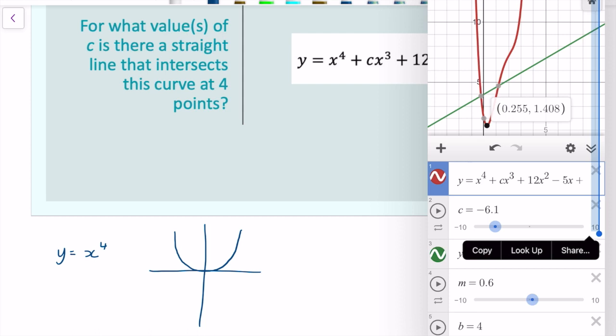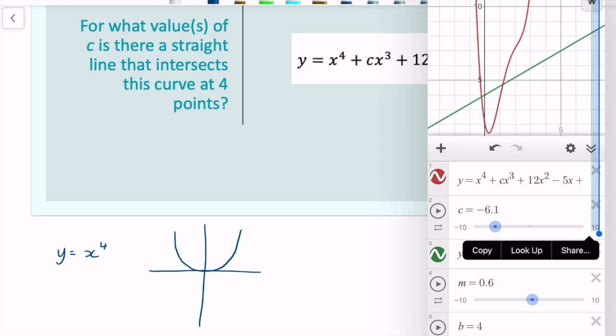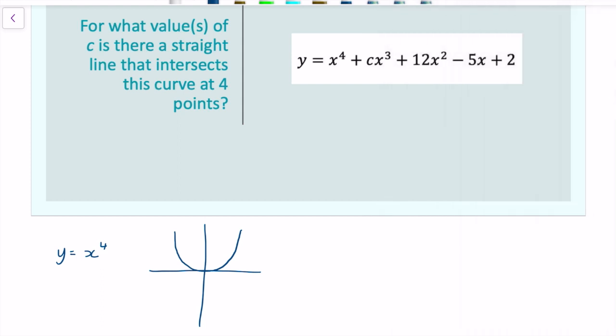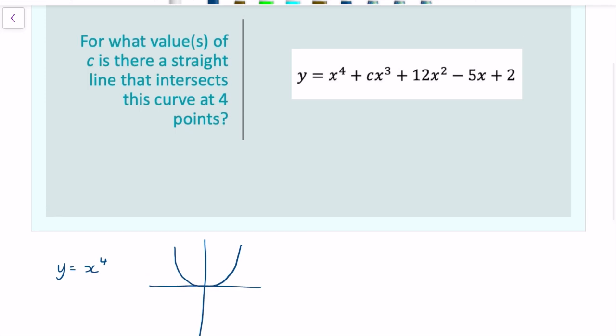It's got a couple of points of inflection, I think, but it doesn't seem to have any other stationary points, at least that I can tell without zooming in. So with that in mind, we're given a problem that looks like a discriminant question, because we want to find 4 points of intersection, but it's a quartic, so we're actually going to use differentiation.